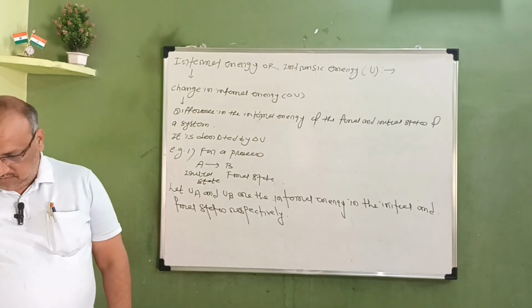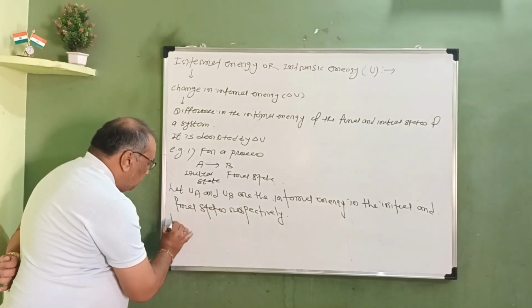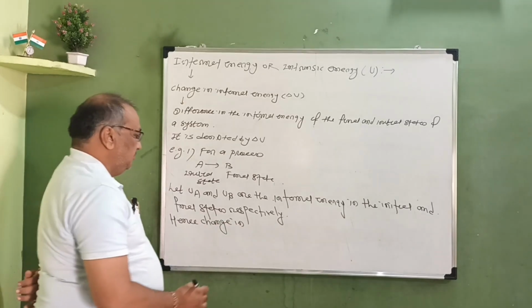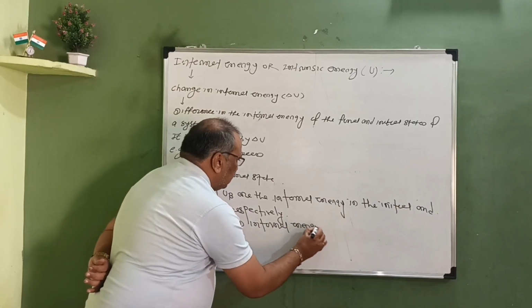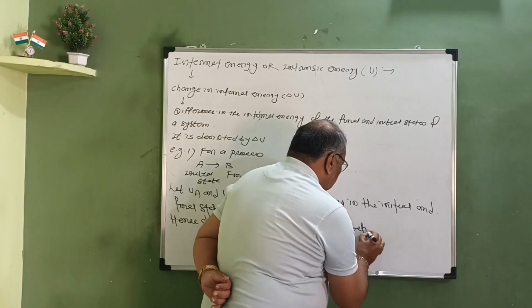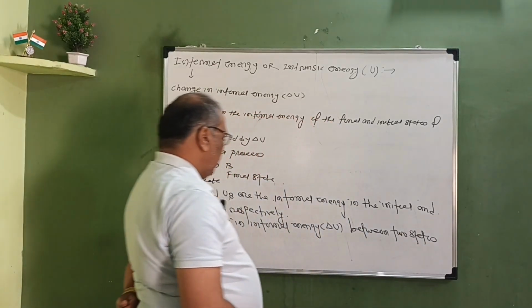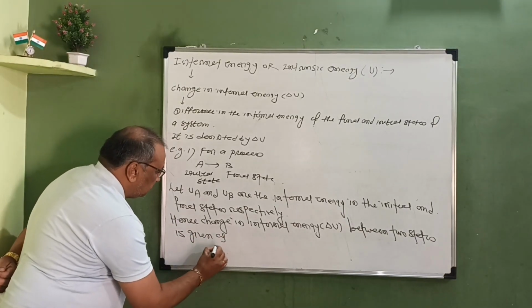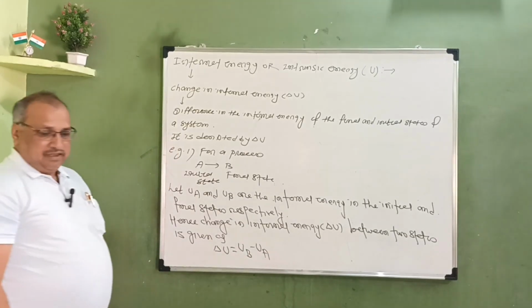Now here, hence change in internal energy delta U between two states is given as delta U equal to UB minus UA.